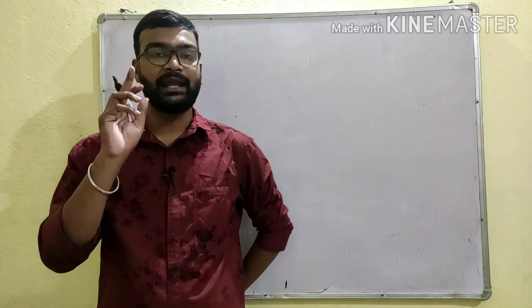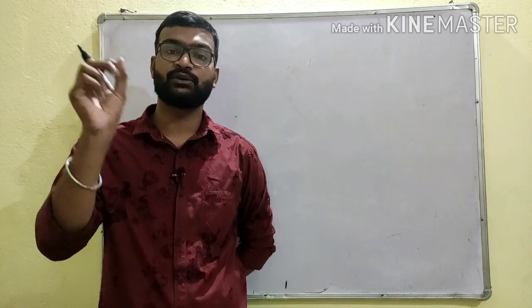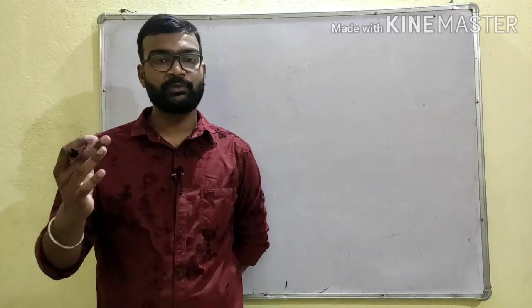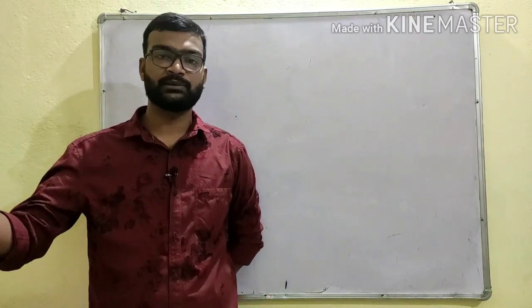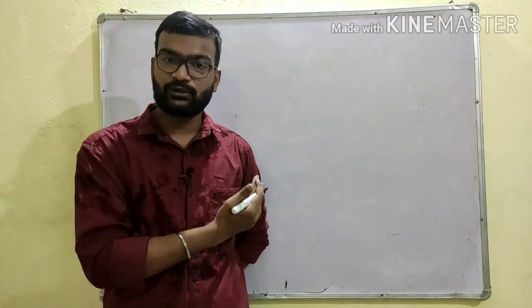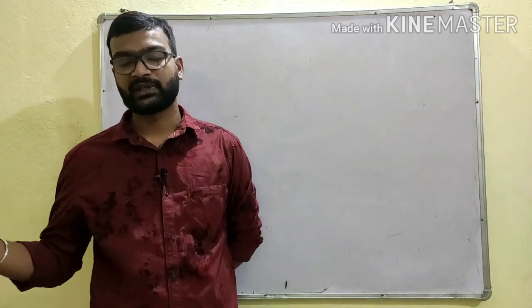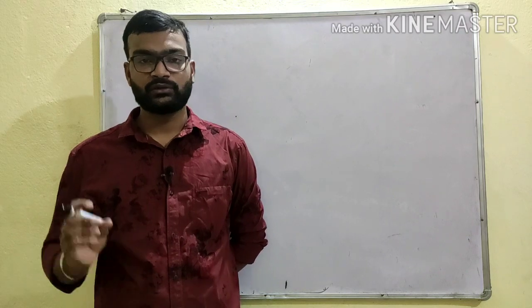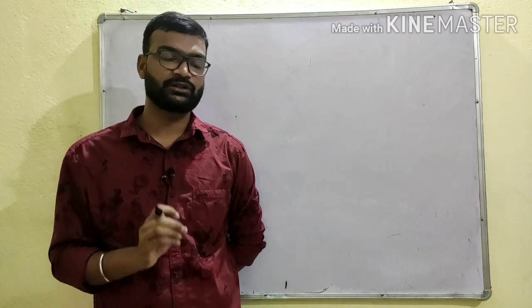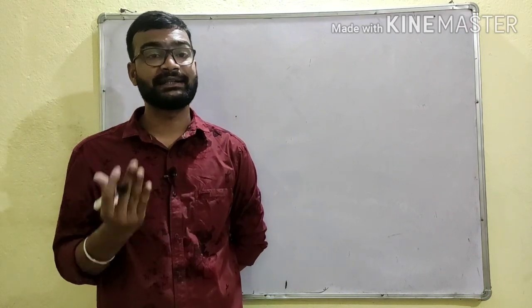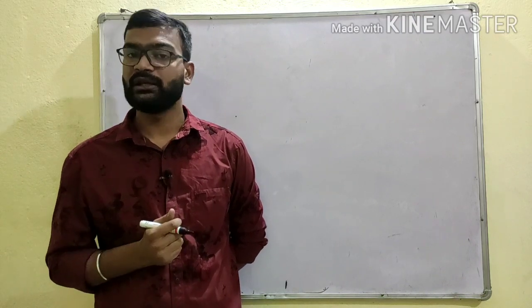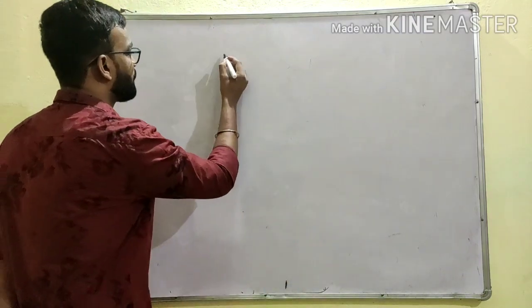So if you have any benzoic acid in which there is an ortho substituted group, irrespective of the nature of that group, either electron donating or electron withdrawing, doesn't matter. Any group attached at the ortho position of that benzoic acid, the acidity of that acid will be more.